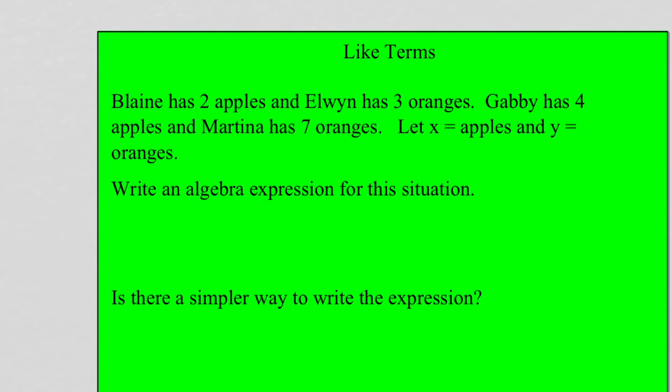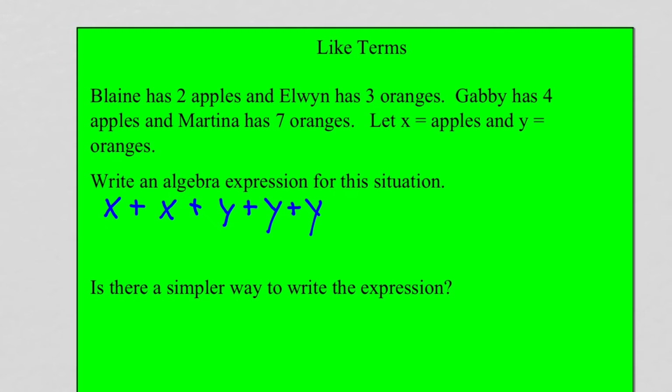Well, okay. So x is apples and Blaine has 2 of them, so I'm going to write x plus x. Those are Blaine's apples. Then Elwin has 3 oranges, so I'm going to write plus y plus y plus y because he has 3 oranges. Gabby has 4 apples, so I'm going to write 4 x's: plus x plus x plus x plus x.